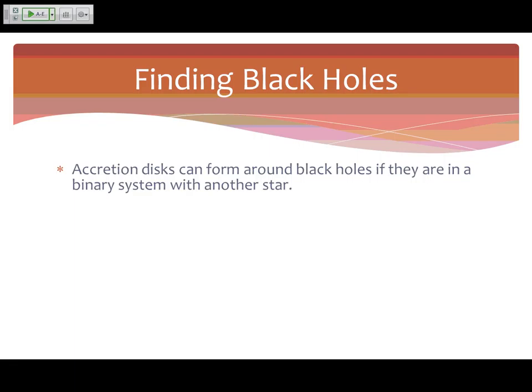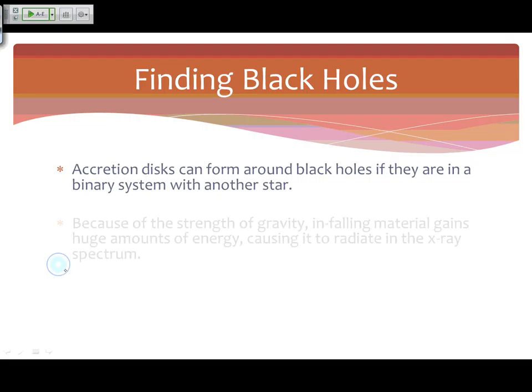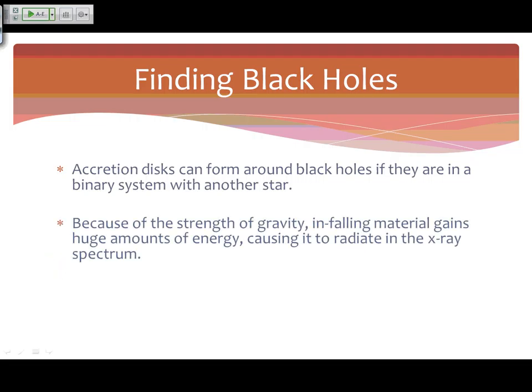What happens to that material when it gets sucked off the larger star? It's spinning around, and eventually it falls into the black hole. Now that matter, once it gets going around and around, heats up so much that it emits in the X-ray part of the spectrum.